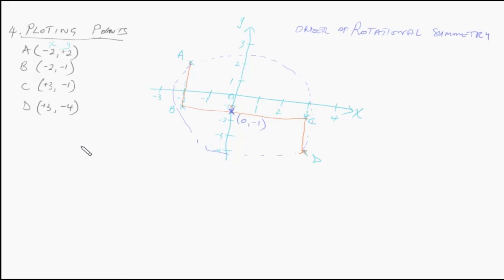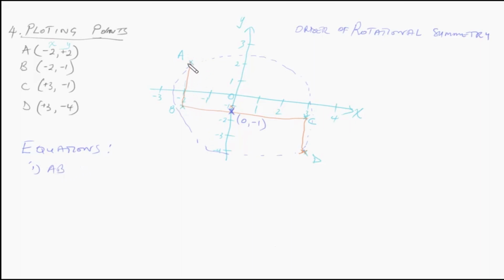The next question, they say, write the equations of AB. AB is this line. What is the equation of this line?